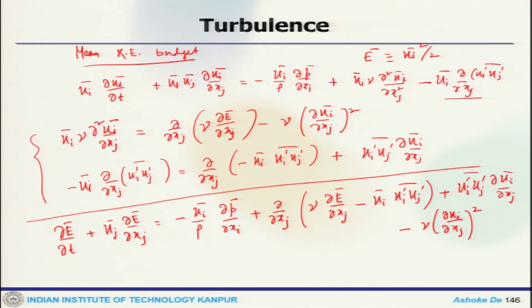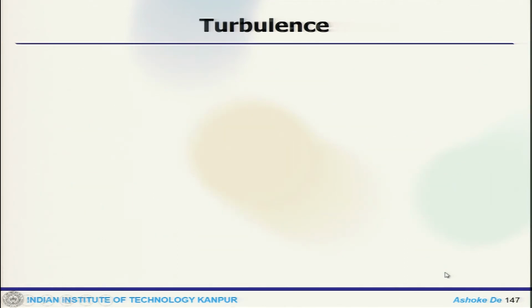Here, on the right hand side, let us say this is term 1, this whole thing is term 2, this is term 3 and this is term 4.